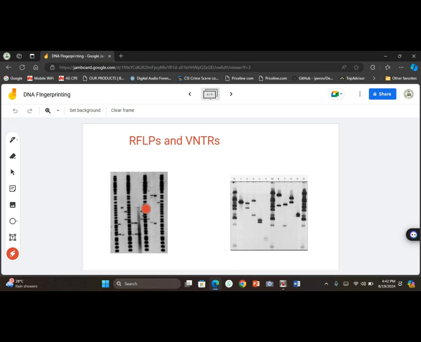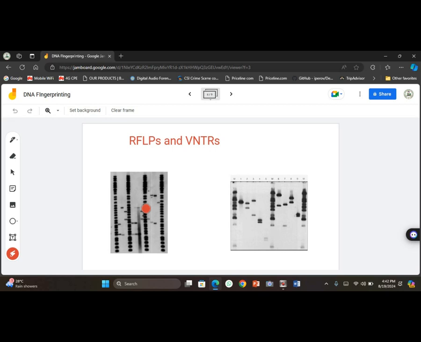It's like every human being has a serial number that makes that organism unique from all other organisms. Every human being has their own DNA that is like a serial code that distinguishes them from other human beings. Then there's another method that can be used for fingerprinting, which is VNTR.